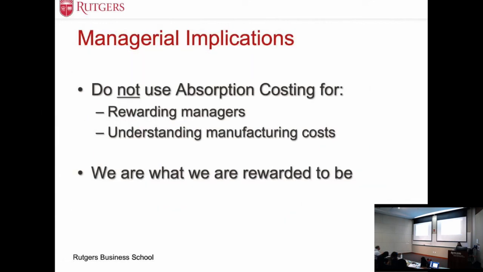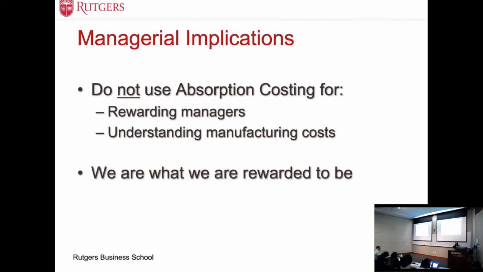Okay, so I already mentioned that if we use the absorption costing, the managers will have the incentive to produce more than they sell, because that will give them the highest amount of operating income under the absorption costing.